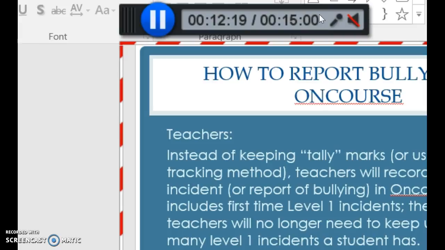So you don't have to keep up with how many level 1s you have like we used to do. As soon as you see something happen, like somebody messes with somebody in line or in the hallway, or somebody calls somebody stupid, and you can tell that there's an imbalance of power there, that it is bullying and not just being goofy teenagers, definitely report that in OnCourse, and the assistant principals will keep up with how many they have.